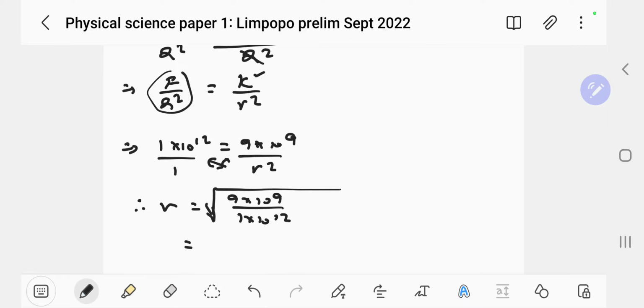Okay, let's do it. The square root of that ratio, 9 to the 9 divided by 1 to the 12. So I'm getting something like 0.9.